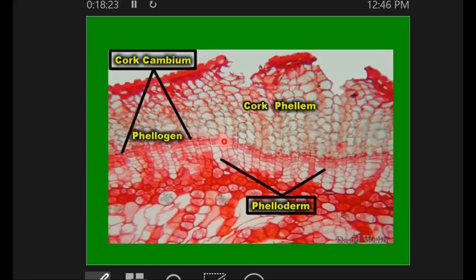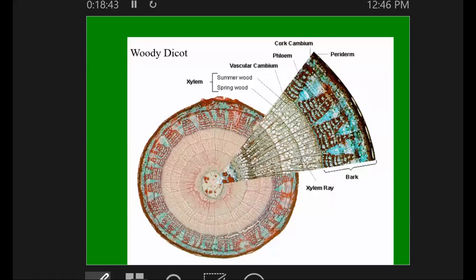Here is the cork cambium, this line of cells, and the cork phellem are cork cells. And then to the inside here, those are living parenchyma cells. Okay. So I have in the notes section the definitions too. Here's a nice image showing both.